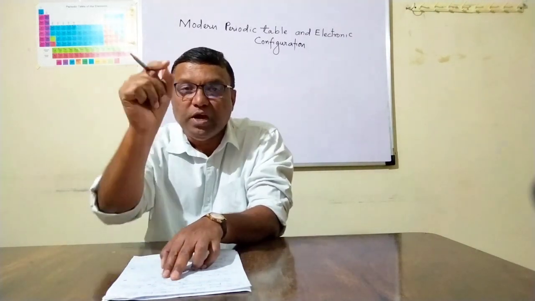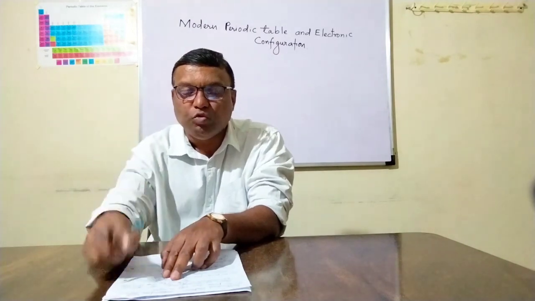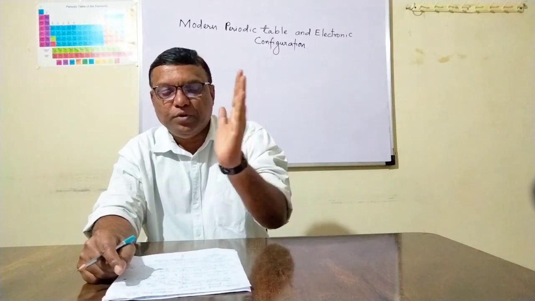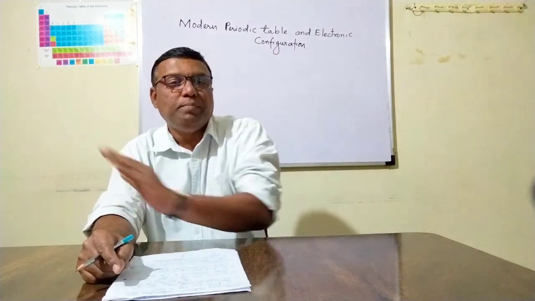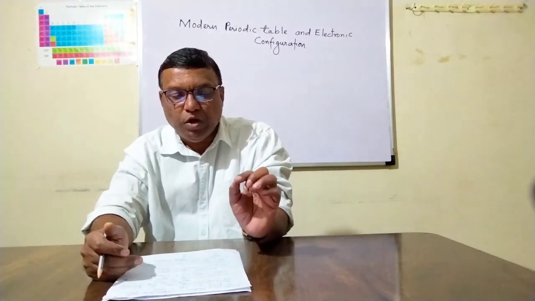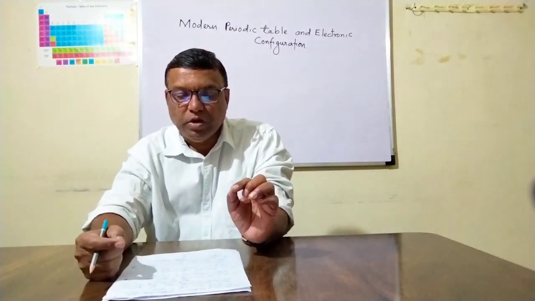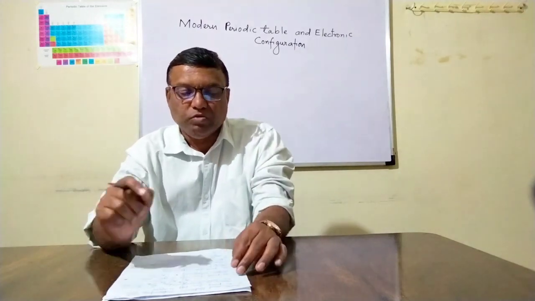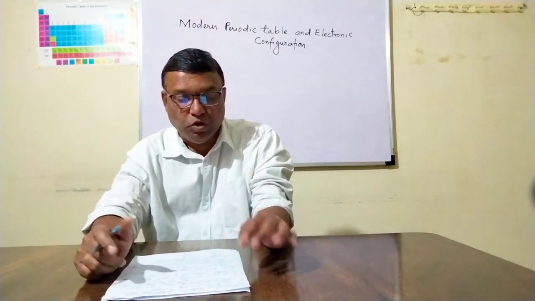Boron 2, 3. Carbon 2, 4. Nitrogen 2, 5. So as we travel from left to right in the period, here we have taken period number two, we observe that the number of electrons increases by 1. So this is the second important observation.